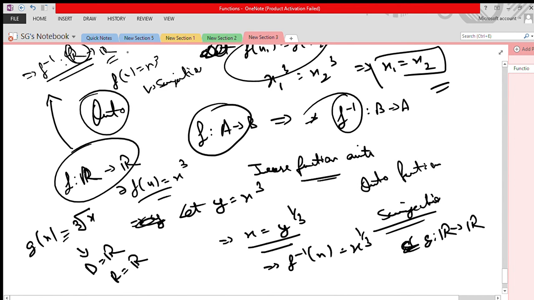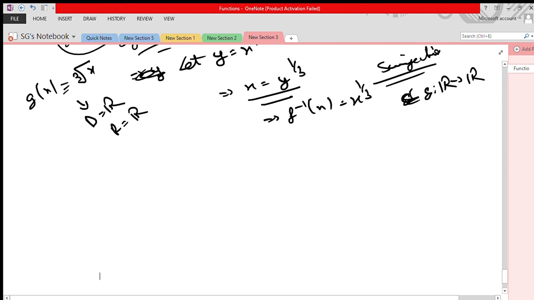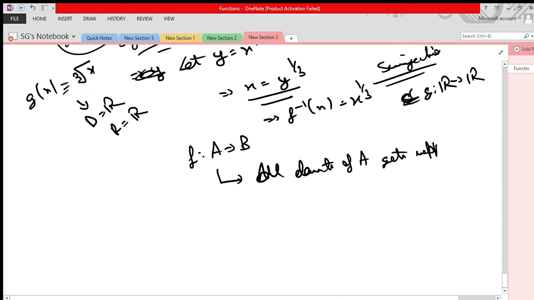Is it clear? Now if a function is both 1-1 as well as onto, then why are the orders of the sets the same, or why are the numbers of elements in the sets the same? See, when we define the domain of a particular function, it means that all elements of A get mapped to elements of B. Clear?